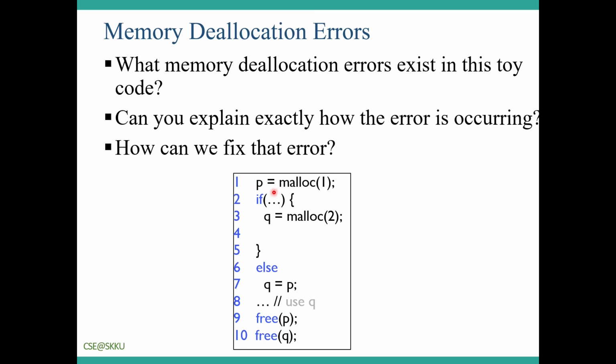Specifically, at line 1, an object is allocated and stored in pointer P, and at line 7, Q is assigned to point to the same object as P, and this object is then freed twice, once at line 9 and again at line 10, resulting in a double free. Okay, so the next question is, how can we fix this double free error? I will give you about 10 seconds.